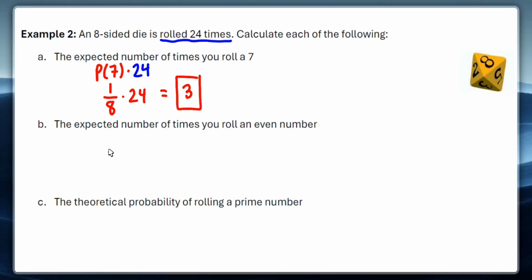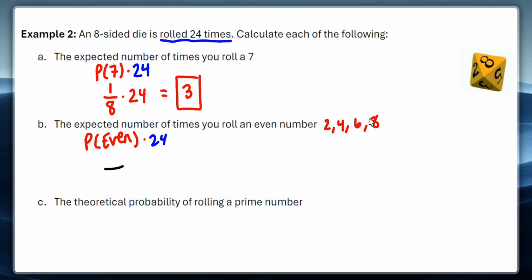Okay, now we're looking at the expected number of times you roll an even number. Well, if we're looking at the 8-sided die, our even numbers are 2, 4, 6, 8. So for the expected number, we take the probability of getting an even number times the number of trials, which is 24, right? The probability of getting an even number, your numerator is the desired number of outcomes.